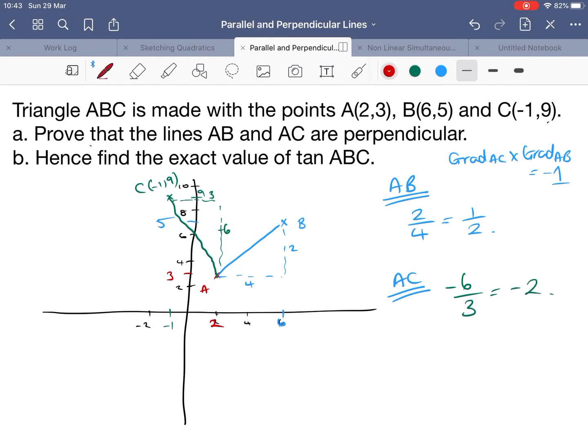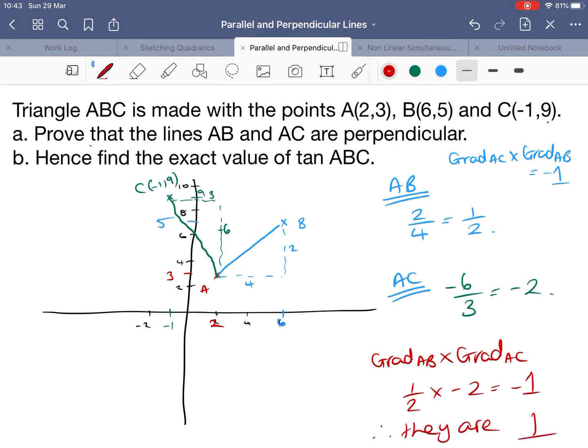So now let's do gradient of AB times the gradient of AC, and that's a half times minus 2, which is minus 1. Therefore, they are, and I do this little shorthand for perpendicular, perpendicular. So I've done part A. I've proved that AB and AC are perpendicular.